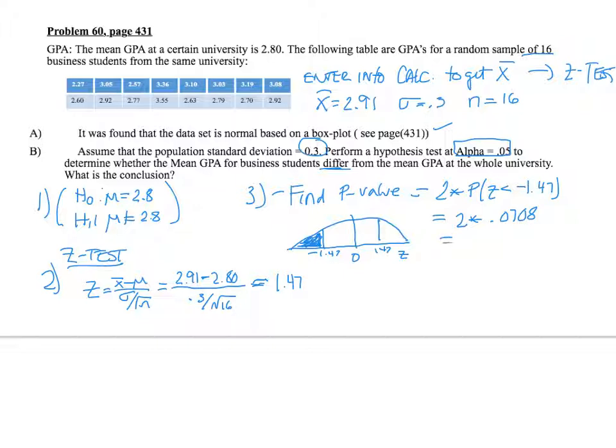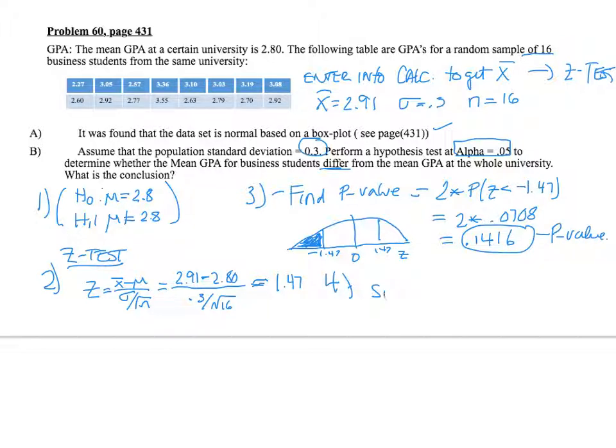And so my p-value is equal to 0.1416. So there's my p-value. If I do it on the calculator, well, step 4.